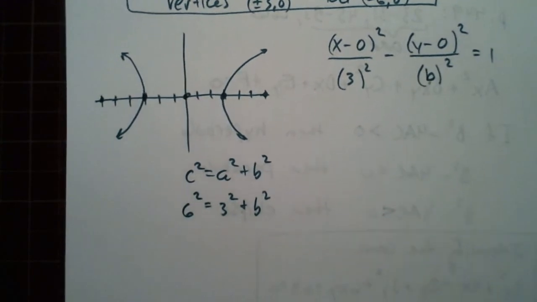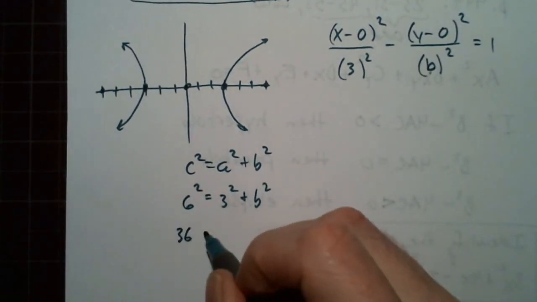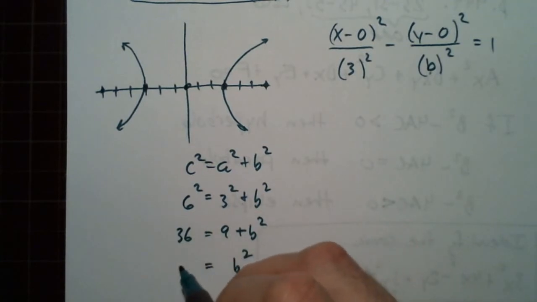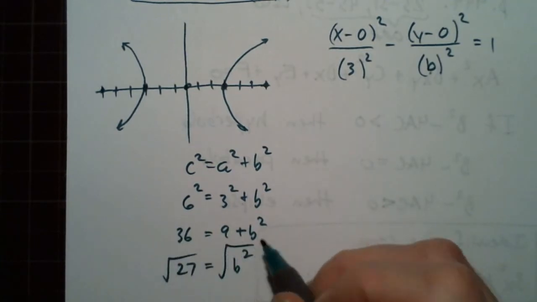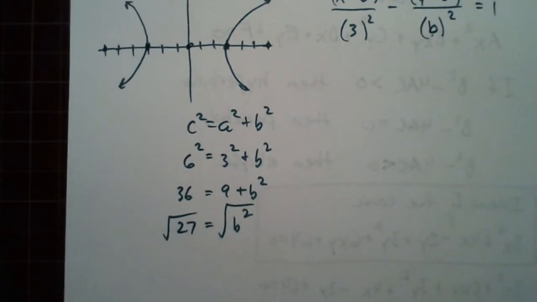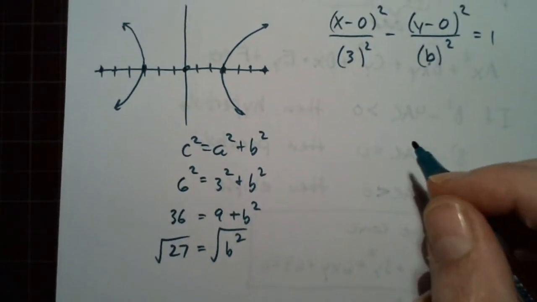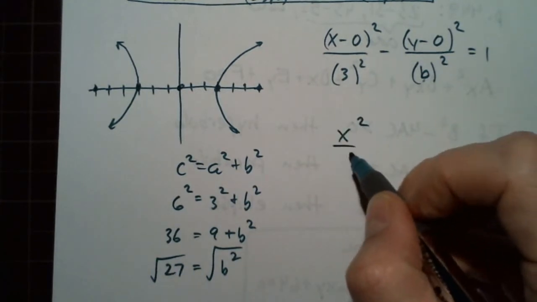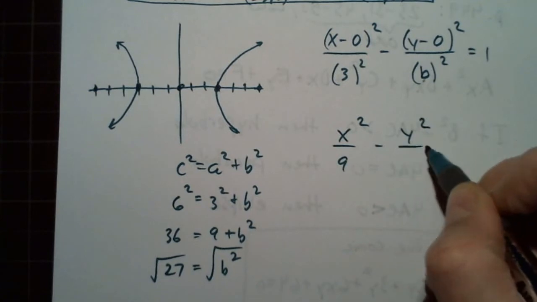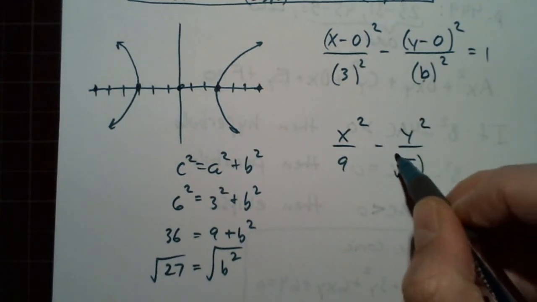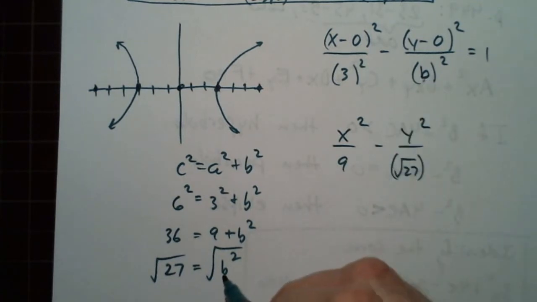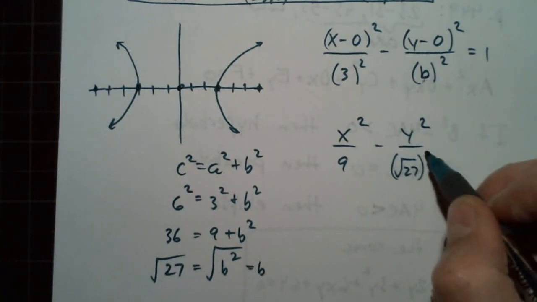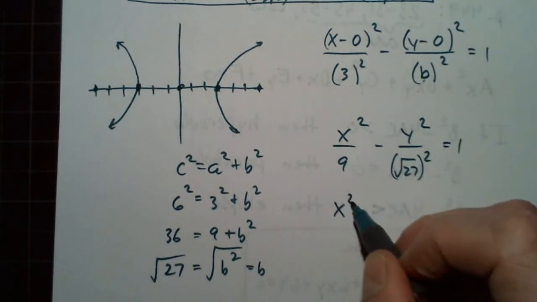Solve for b. We don't need to simplify that because we're just going to square it. B is radical 27. So if I put radical 27 in there and square it, it's just going to be 27.